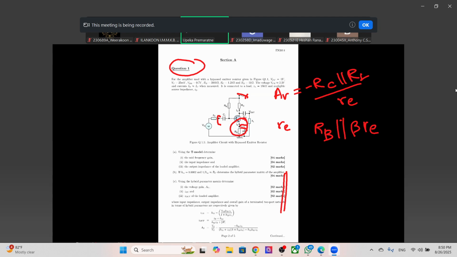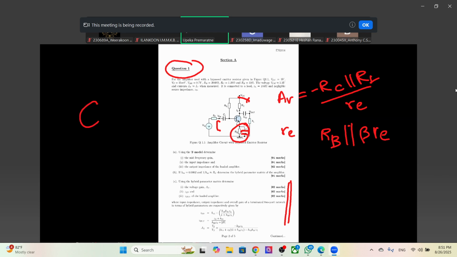Yes. Thank you for asking that question. I will focus on the common emitter. Don't worry about the common base and common collector. I'm not going to do the frequency analysis for those. You only have to look at the common emitter amplifier.